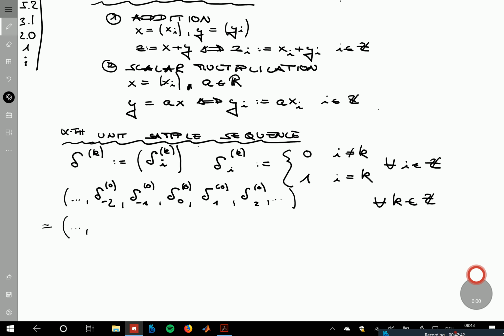If you look at this here. And as you started, you can go on. 0, 1, 0, 0. Yeah, exactly. So whenever the subscript is not equal to the superscript, the entry is 0, and if they are equal, then the entry is 1.